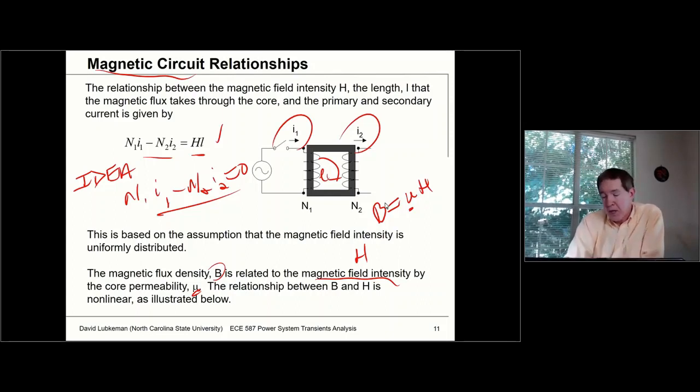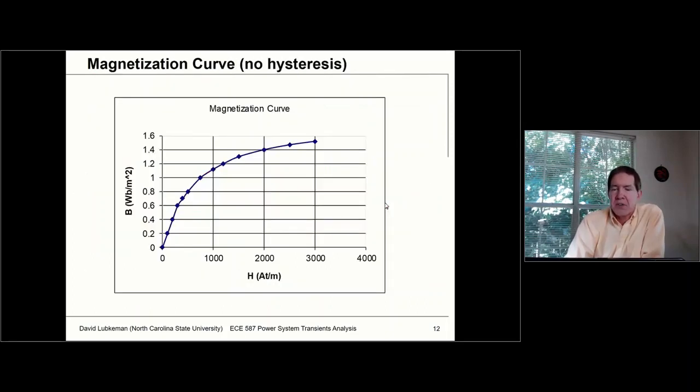However, in actual cores, when you start modeling the non-linearity, we've actually got a relationship that looks like this. In this case, I'm not modeling hysteresis.